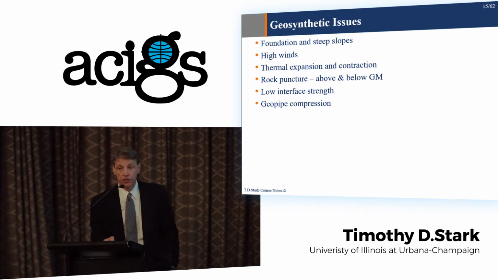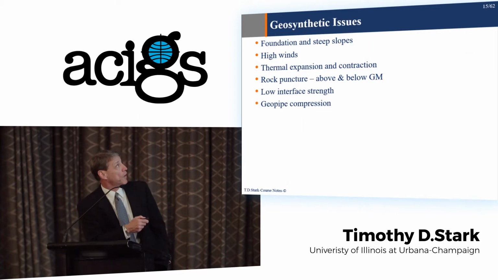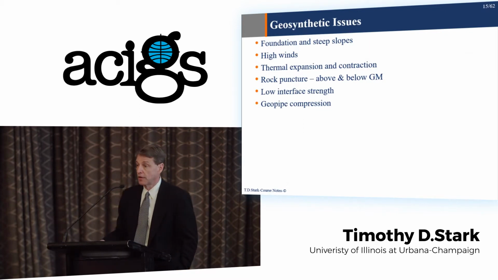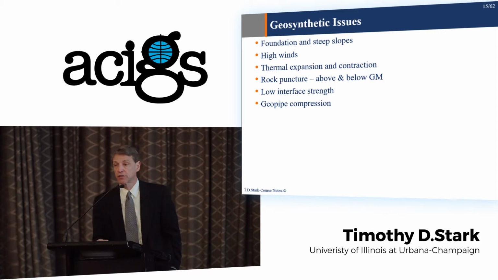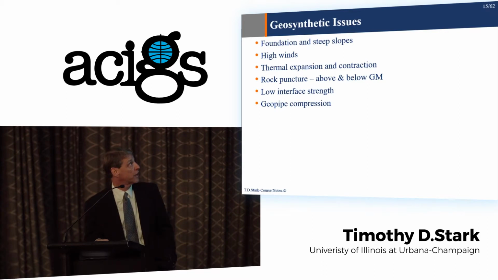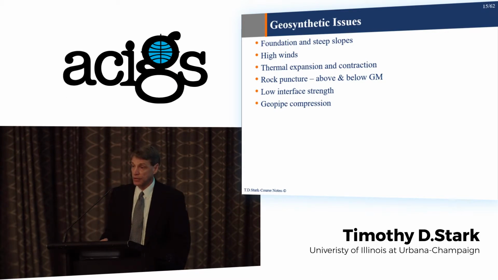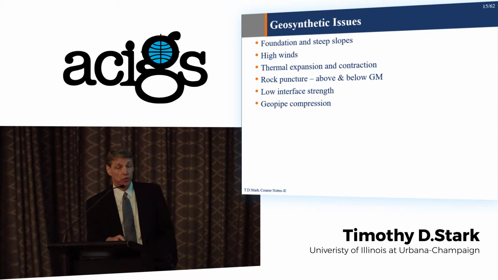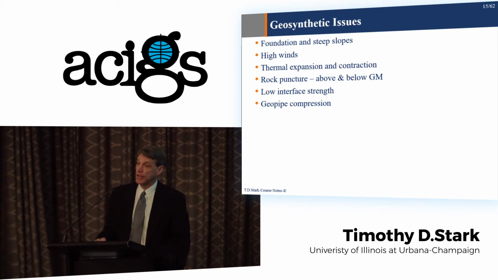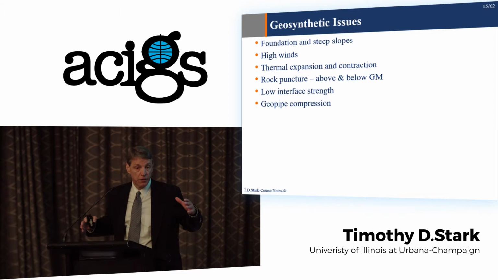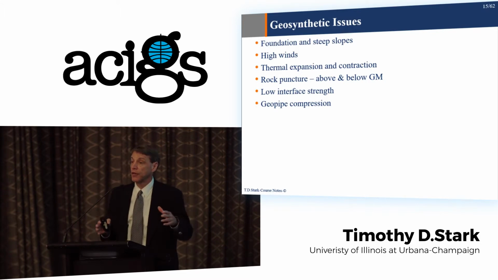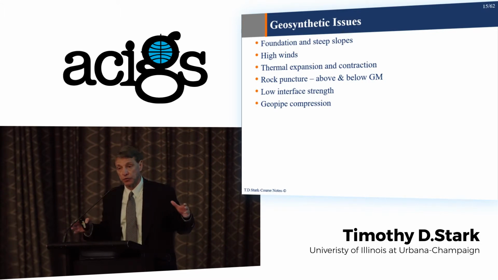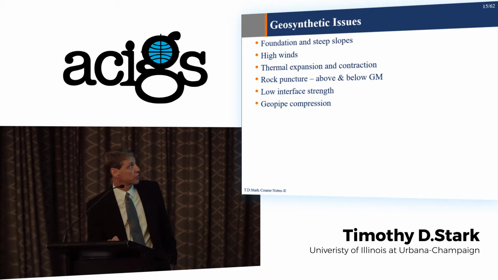Okay, some of the geosynthetic issues. First, foundation and steep slopes, and I'm really talking about stability, foundation stability and stability of the steep slope that's lined with geosynthetics. High winds, that's a problem. The geosynthetics, especially if the geomembrane is exposed, will have to be ballasted. Thermal expansion and contraction, especially that exposed cover, it'll see high temperature variations, and the geomembrane will shrink and expand with those temperatures.